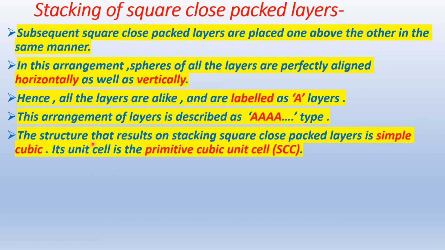The structure that results on stacking square close packed layers is a simple cubic structure and its unit cell is the primitive cubic unit cell or simple cubic unit cell.